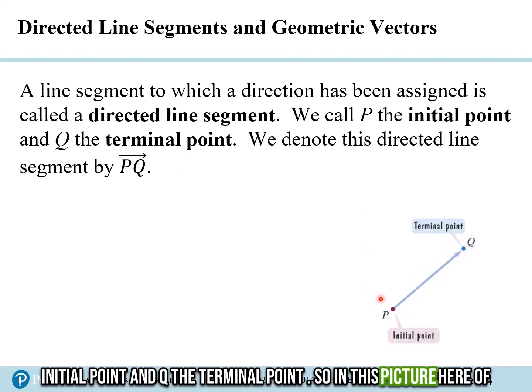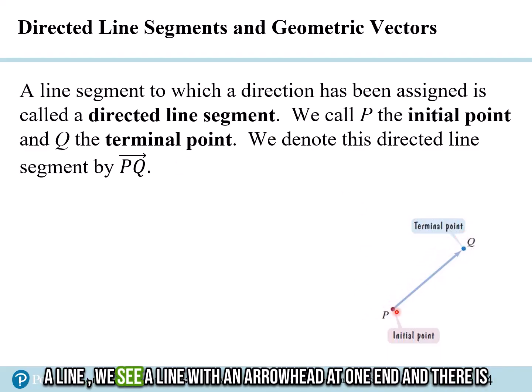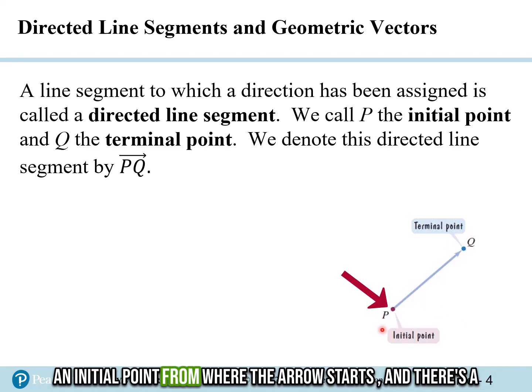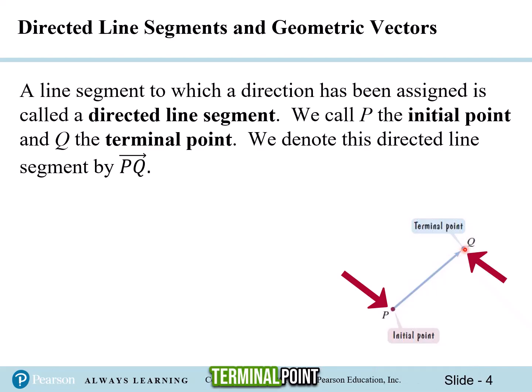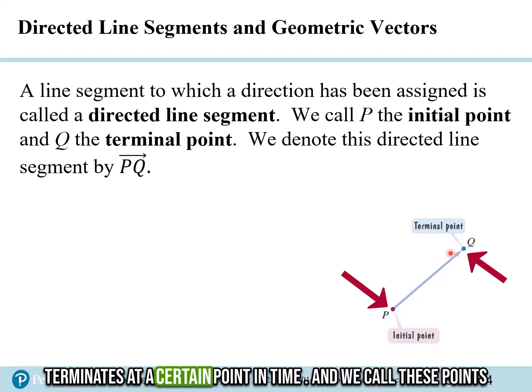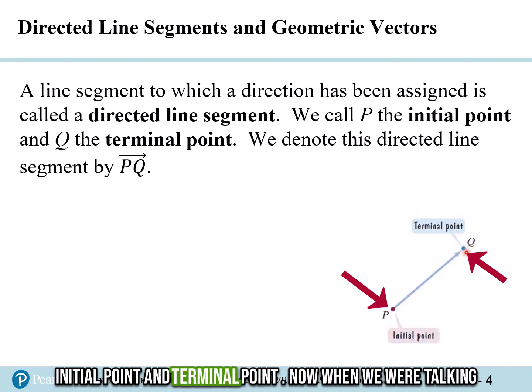So in this picture here of a line, we see a line with an arrowhead at one end, and there is an initial point from where the arrow starts, and there's a terminal point where the direction terminates at a certain point in time. And we call these points initial point and terminal point.